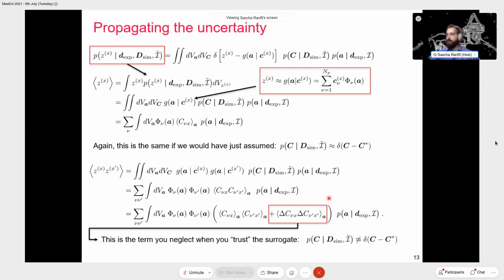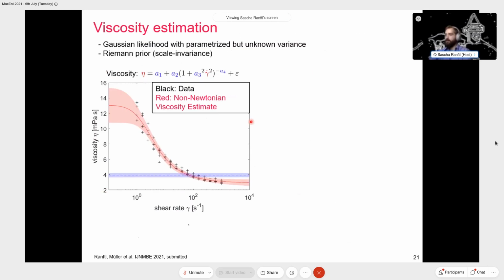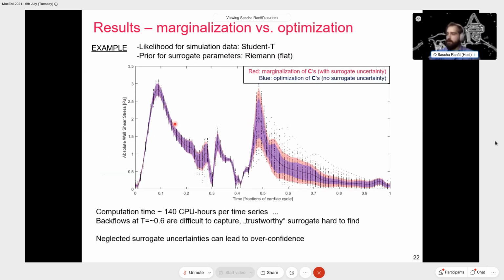But you can also inspect it visually in one of the later slides here. So here, for example, you can see it already. You might be able to see this tiny shade of red here. So you can see the surrogate uncertainty is just a tiny bit more than the optimal surrogate.